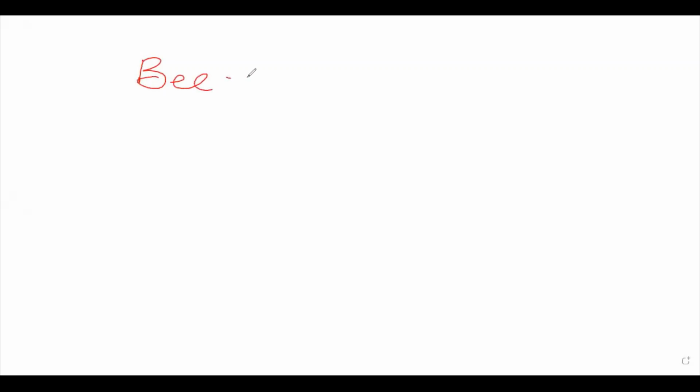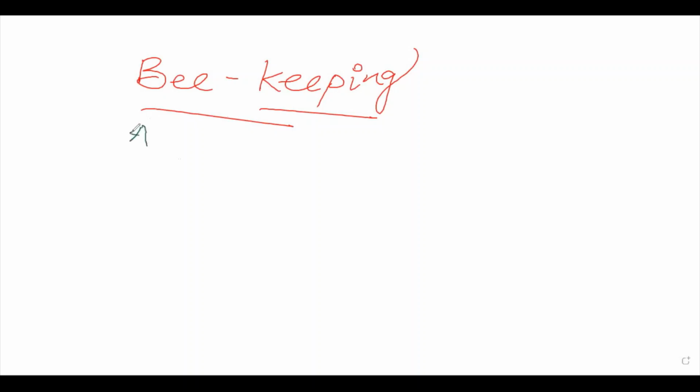Now we are going to discuss beekeeping, or apiculture. It is called apiculture.